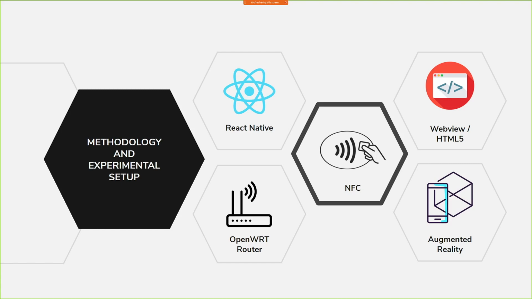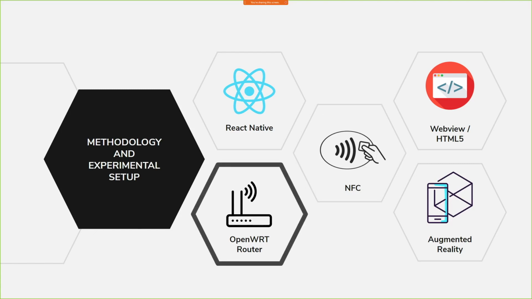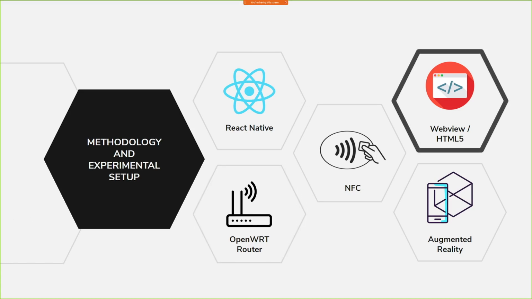The router was our use case for this project, and that required us to use the OpenWRT firmware, in order to have more flexibility and control over the router, also over the use of SSH. We used a Linksys router that is compatible with the OpenWRT firmware. Next, we looked into WebView and HTML, as that is also an important part in decoupling.